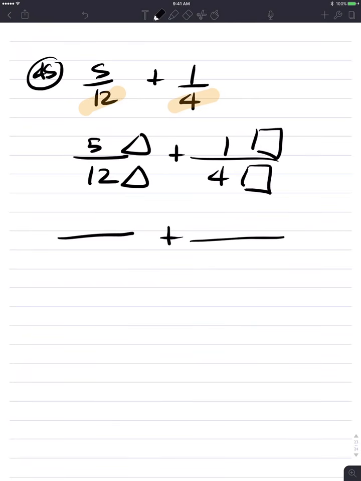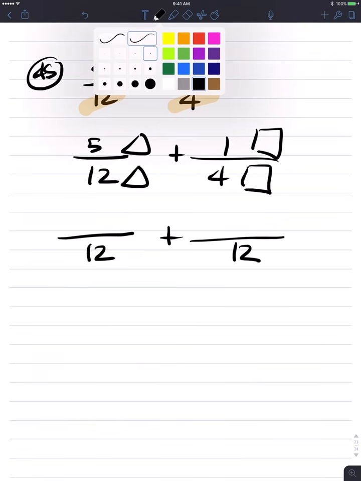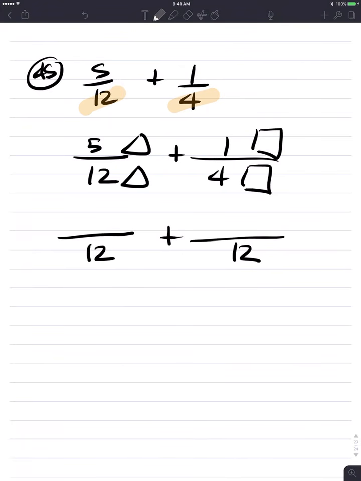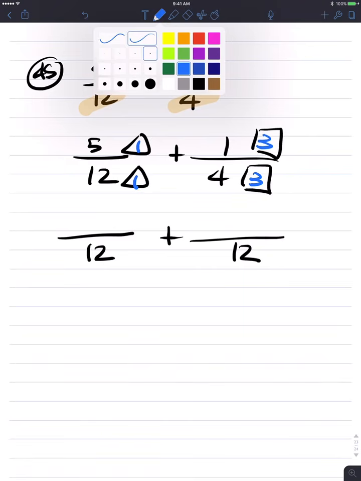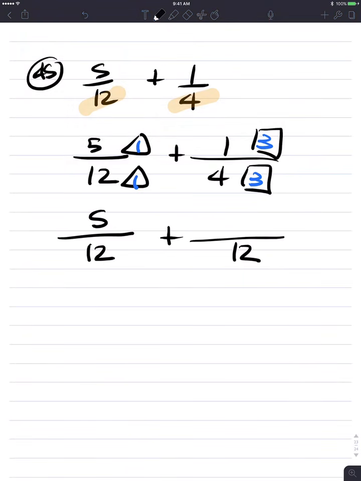The LCM of 12 and 4 is 12. 12 times 1 is 12, and 4 times 3 is 12. 5 times 1 is 5. 1 times 3 is 3.